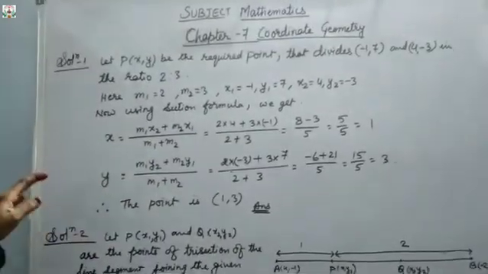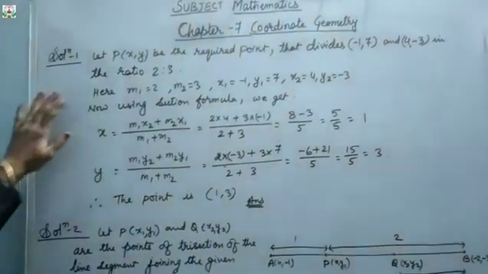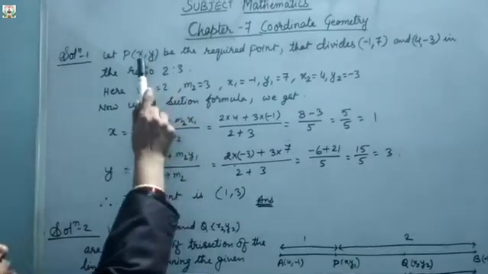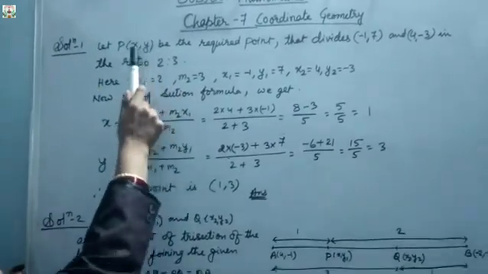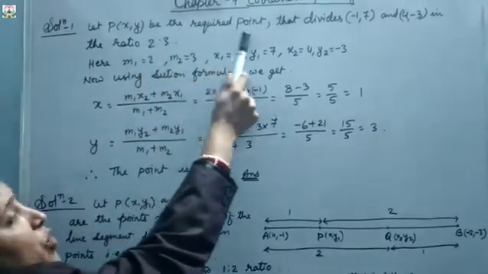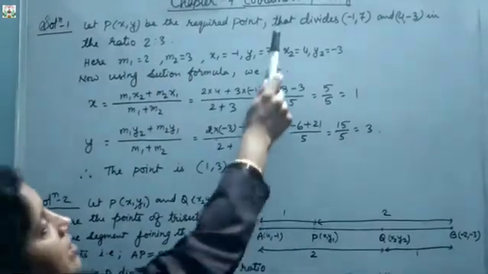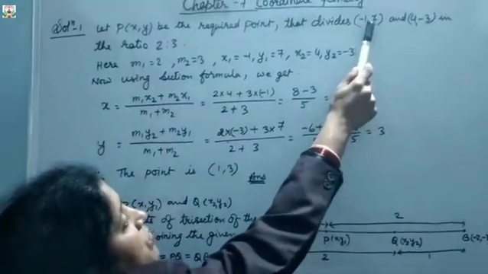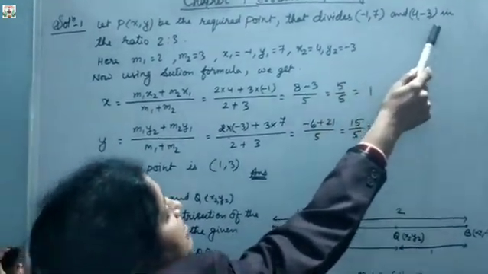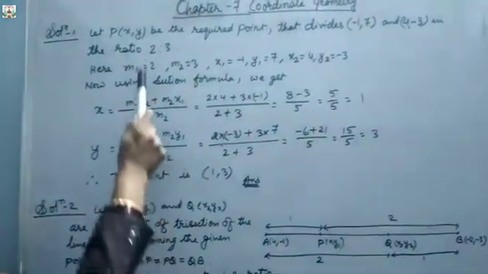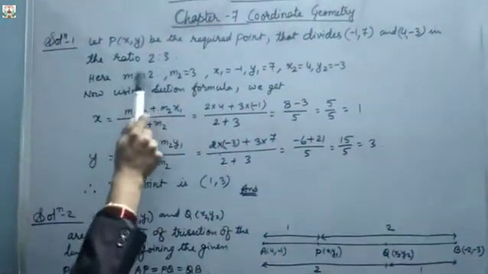Now let us see the solution. Let P, with coordinates x and y, be the required point that divides (-1, 7) and (4, -3) in the ratio 2:3.